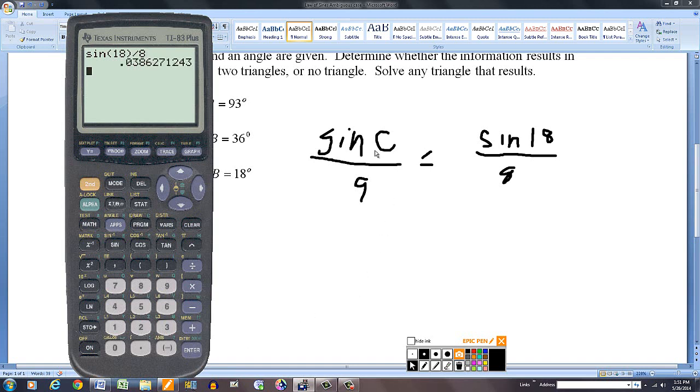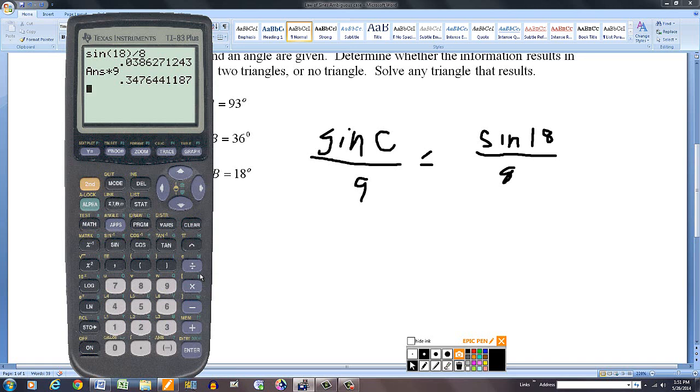And then I'm solving for sine of C, so multiply both sides by 9, so this will be times 9. Okay, so this tells me that the sine of C is 0.34 or 0.35, say, to two places. So I do have a solution.